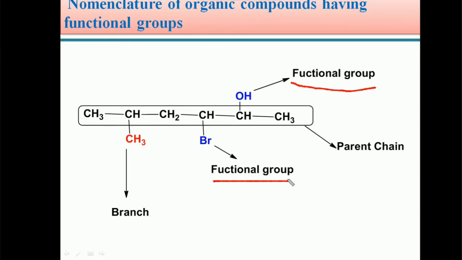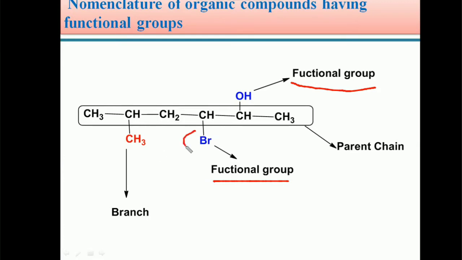So students, in case of organic compounds which are having a functional group, how do we assign the name of that compound? For a given organic compound, initially we always identify the parent chain, and later we can identify if any branch exists or not.